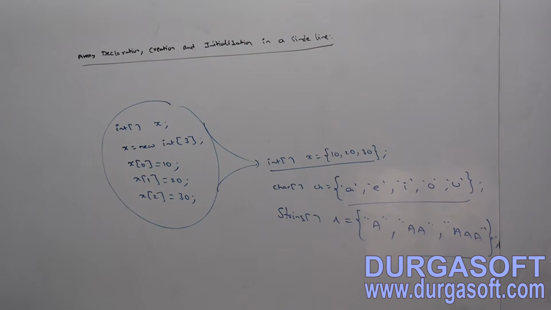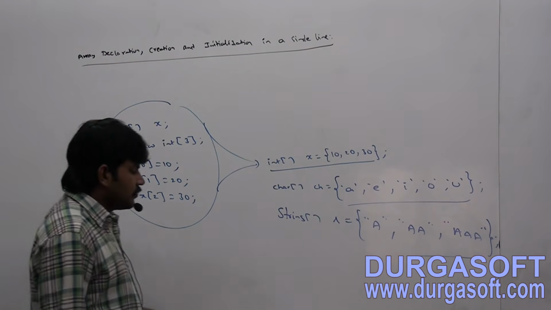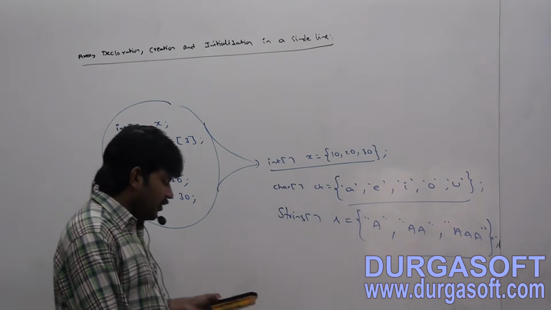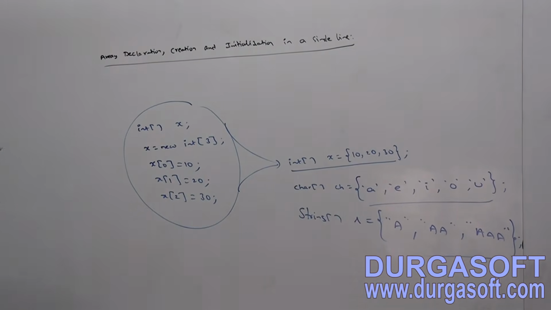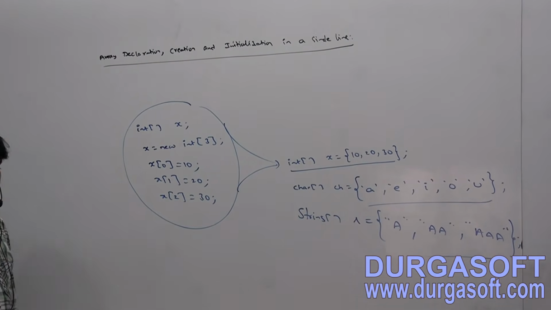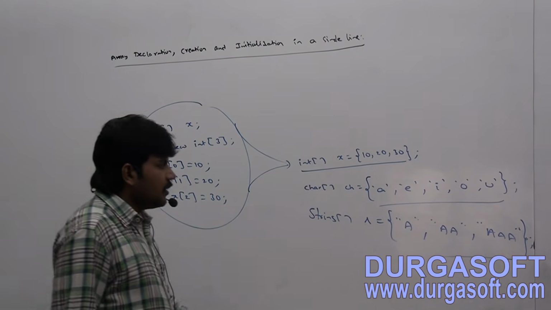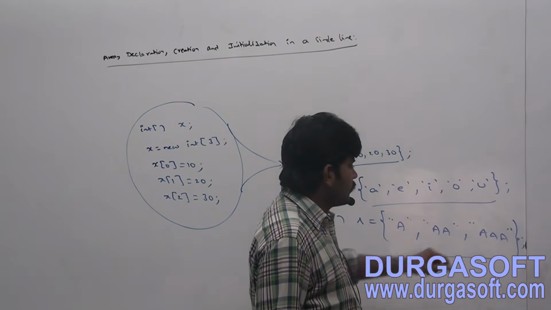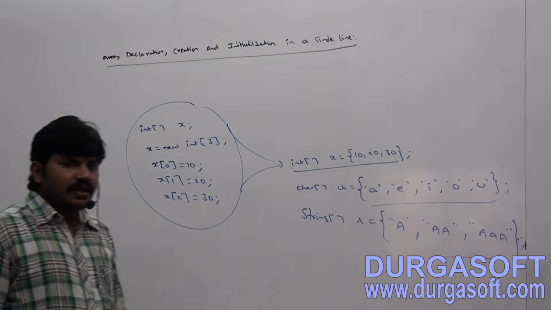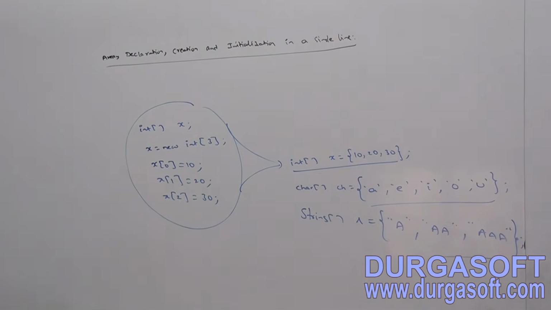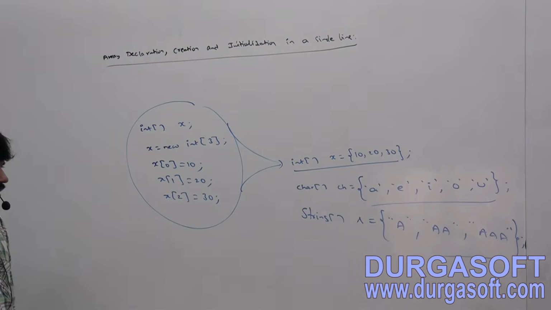Like char array ch is equal to a e i o u. Next, string array s is equal to a, like this. Are you getting it?